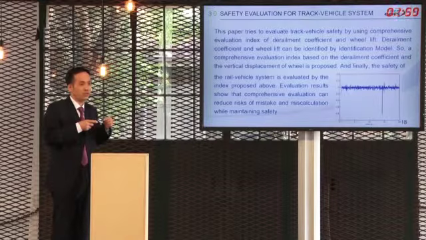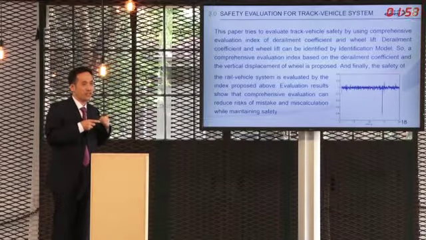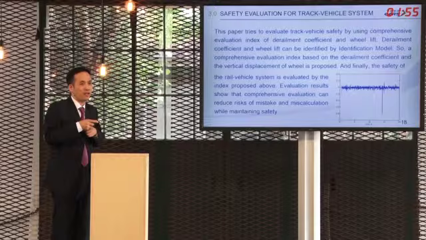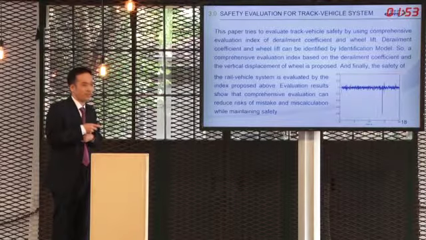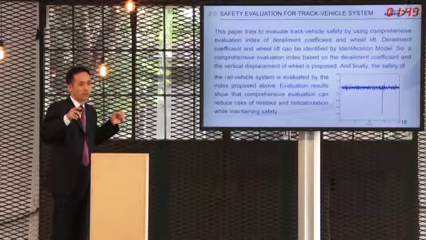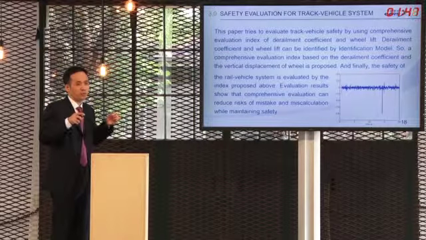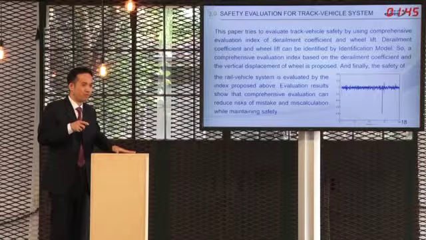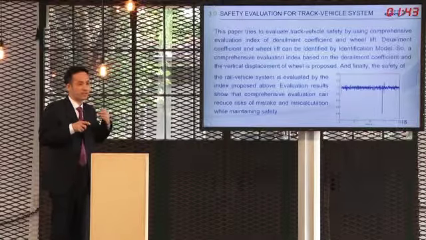We introduce the wheel set lift and compare with the contact force index. We divided the safety region into three parts. One part is safe. Another part is possible derailment, and the third part will derail.